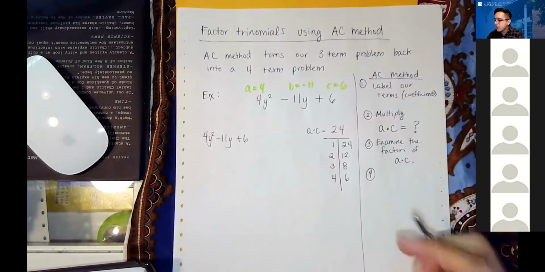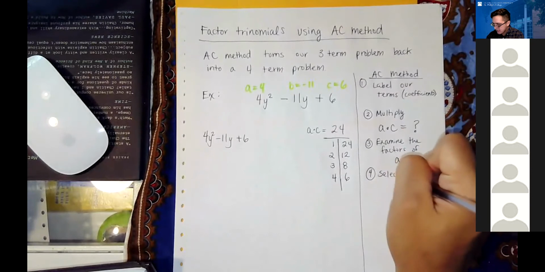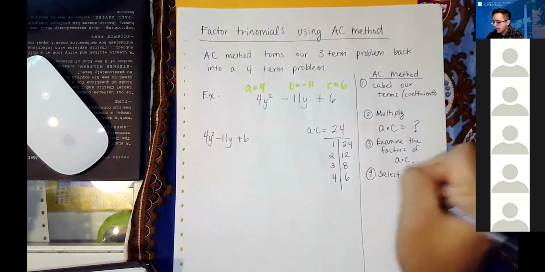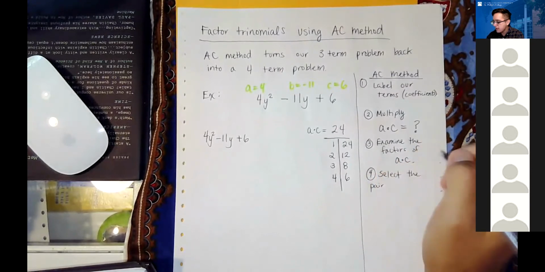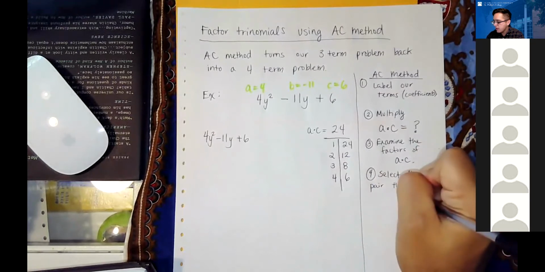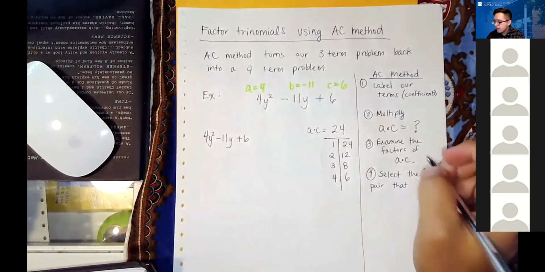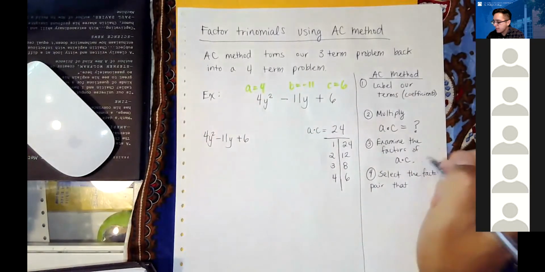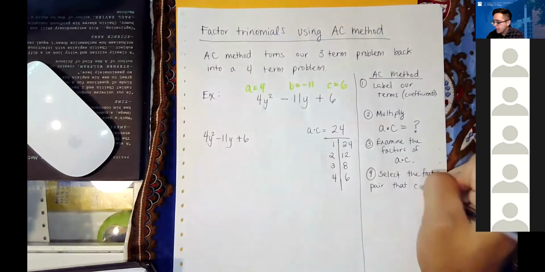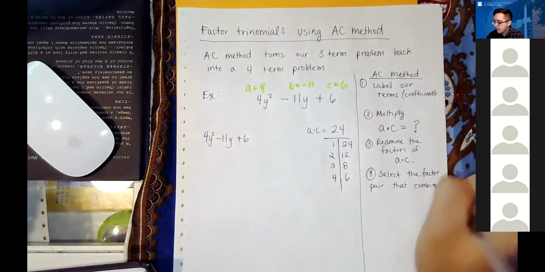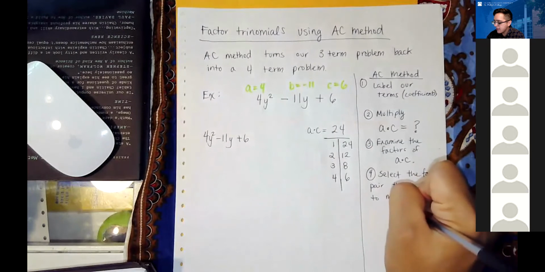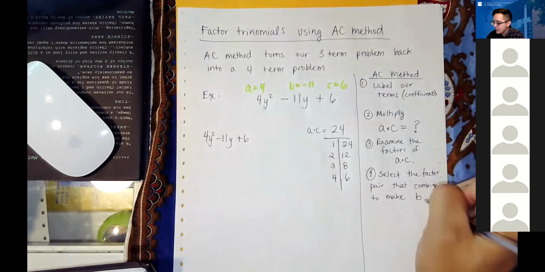The next thing we want to do is select the factor pair that combine to make whatever the number b is.